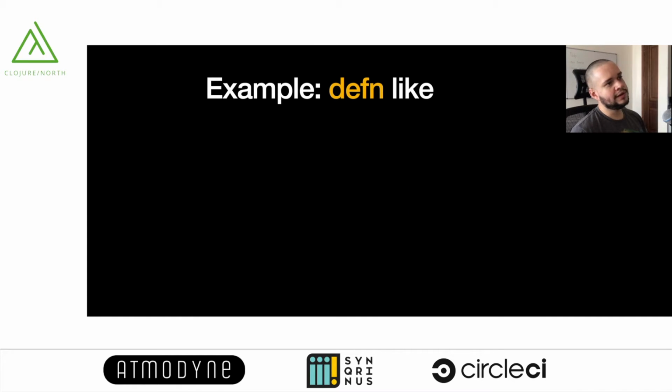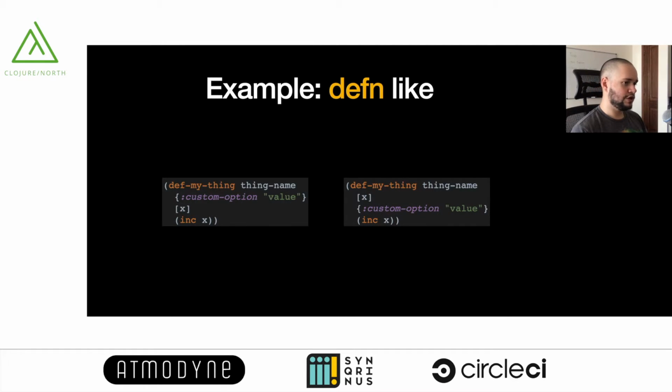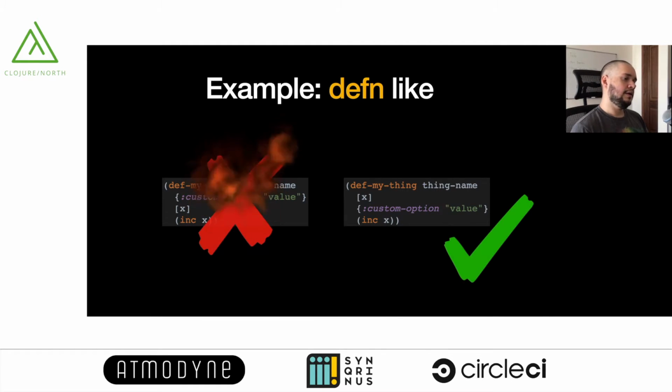Let's create a defn-like macro. And I made two versions of it, on the left and on the right. One is correct, the other one is bad. Can you tell which is which? And yes, the left side is bad because that one is not a valid defn syntax, because the position of the map right after the symbol is not a valid defn.